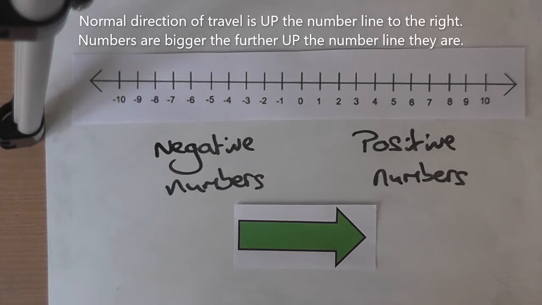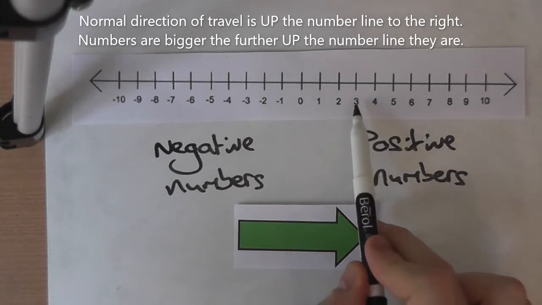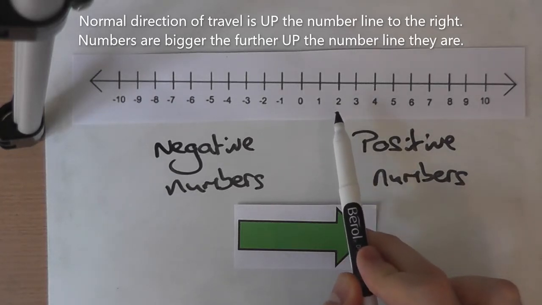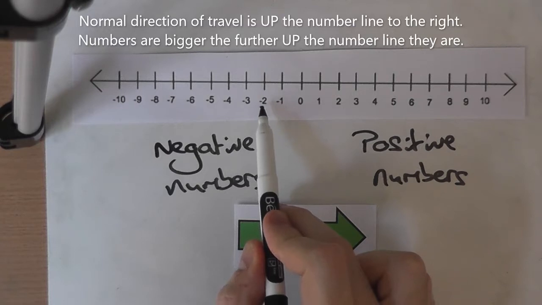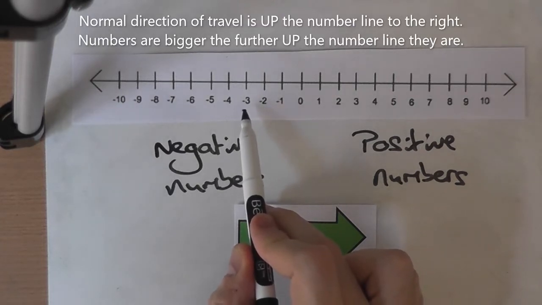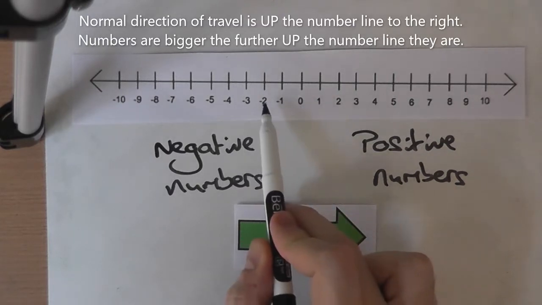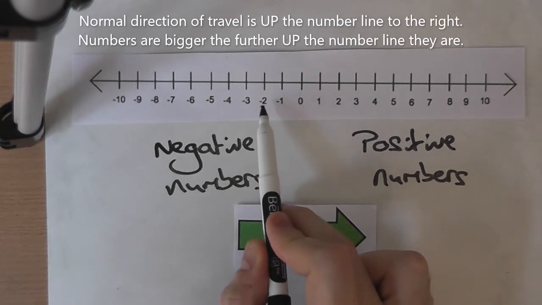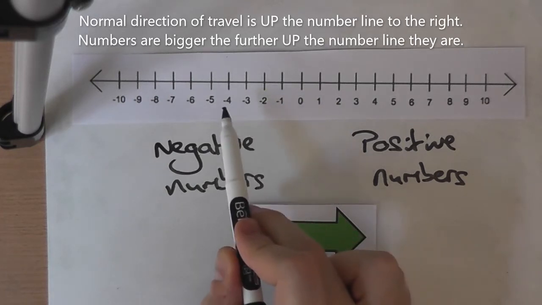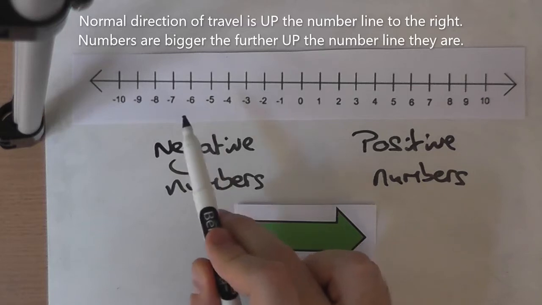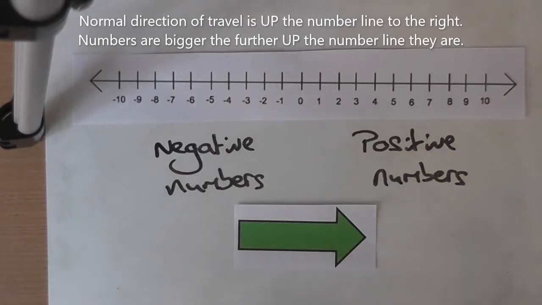But that also means that the closer to 0 we are, when we're just looking at the negatives, the bigger the negative number. So while 3 is bigger than 2, that is true, -2 is bigger than -3 because it's further towards the right. So -1 is bigger than -2, which is bigger than -3, which is bigger than -4, which is bigger than -5, which is bigger than -6, and so on.